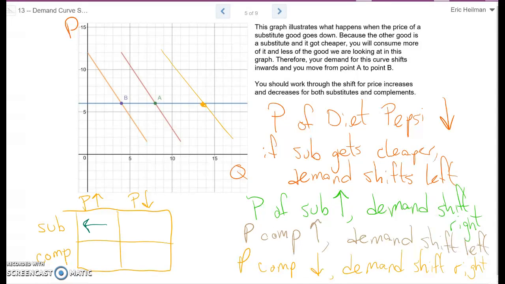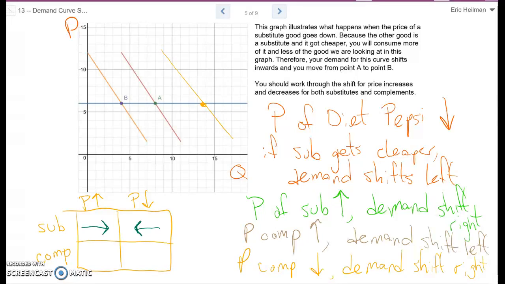So demand goes down. If the price of a substitute, oh, my bad, not true. If the price of a substitute goes up, then I'm going to demand more of this good. That's the case where the price of Diet Pepsi went up, so I'm going to demand more Diet Coke. If the price of the substitute goes down, my demand curve is going to shift to the left. I'm going to demand less. If the price of Diet Pepsi goes down, I'm going to buy more Diet Pepsi and less Diet Coke. And then these arrows will be reversed.